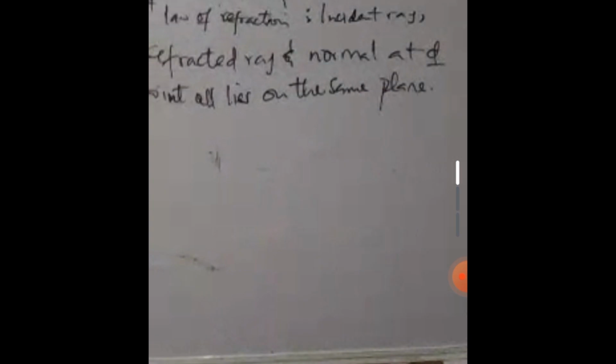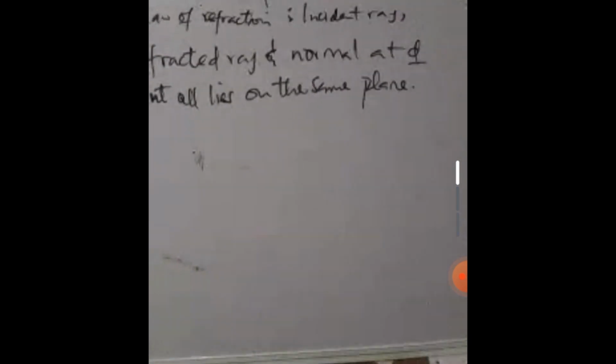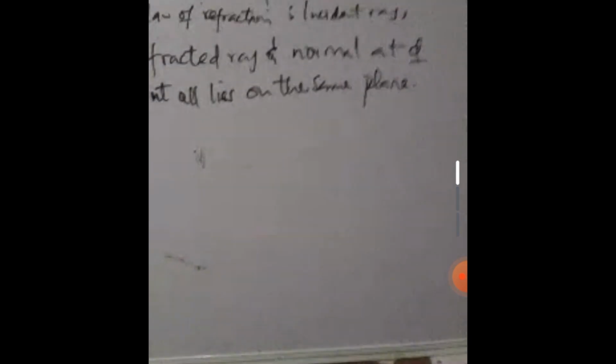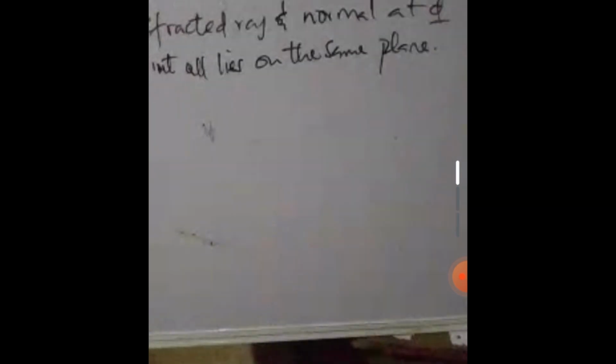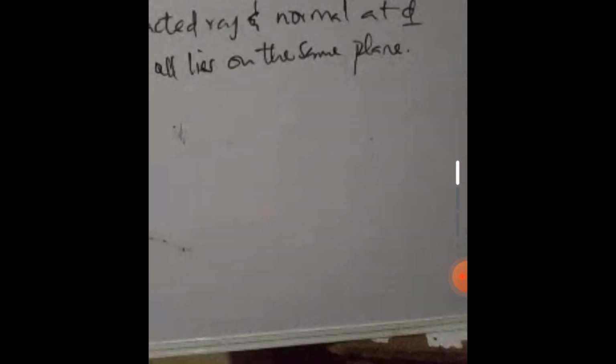Normally the first law of reflection states that the angle of incidence, angle of reflection, and the normal at the point all lie on the same plane. So here now, the first law of refraction is telling us that the incident ray, the refracted ray, and the normal at the point too, they all lie on the same plane. So they are very similar laws.